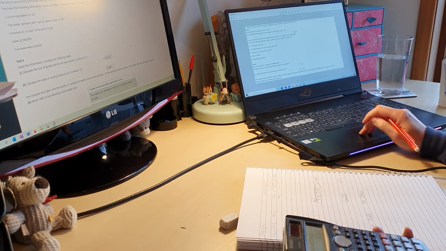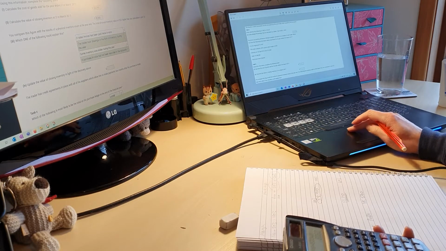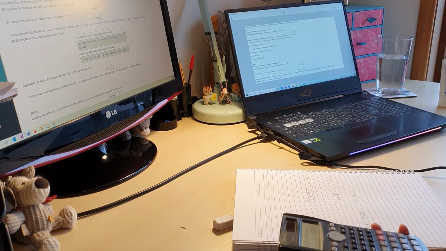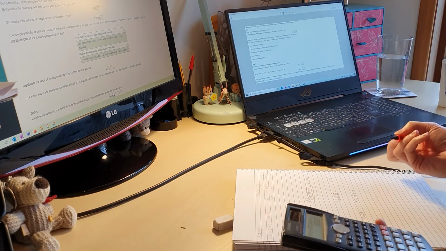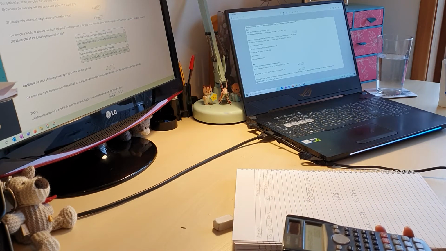8,016. You compare this figure with the results of physical inventory count at the year end. The total physical inventory value is £520 higher than your calculation in part 2.